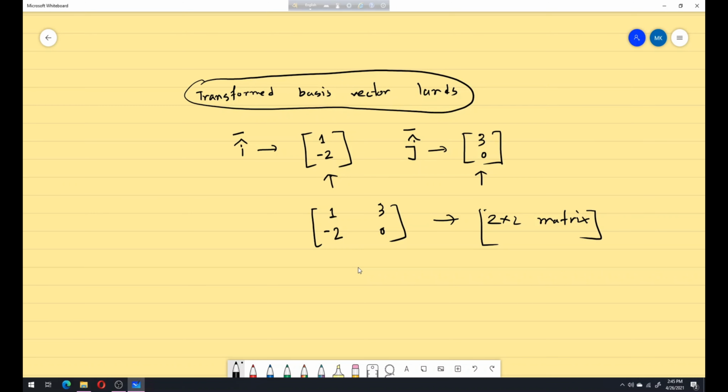So if you combine these 4 numbers, 1 minus 2 and 3 0, this actually becomes a 2 by 2 matrix, right? Where the first column tells you where the I cap lands, and the second column tells you where the j cap lands, right?